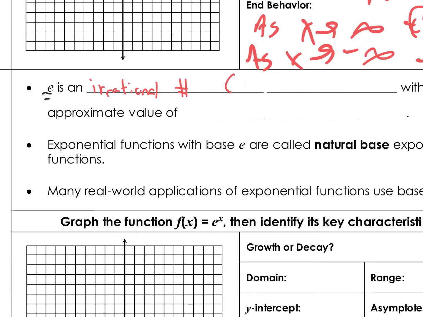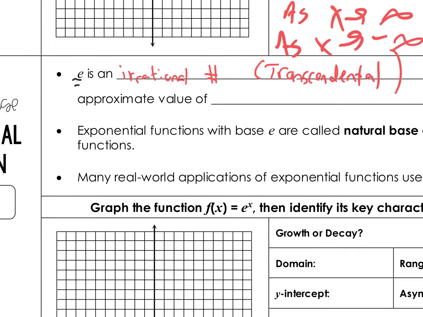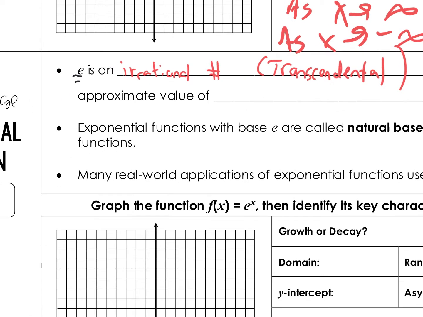Also, if you want to get really fancy, it's transcendental. It's one of those weird numbers that we denote as an E. Approximate value is approximately 2.718, but it goes on forever. That's why it's irrational. It goes on and on and on.